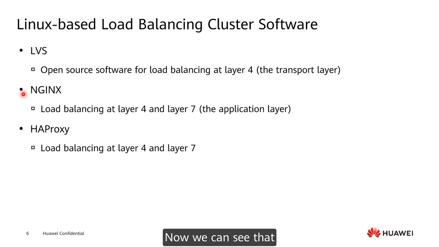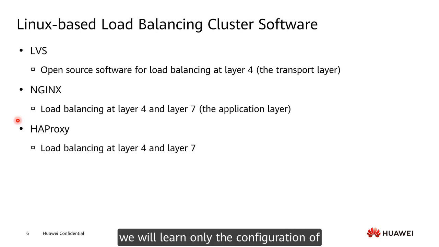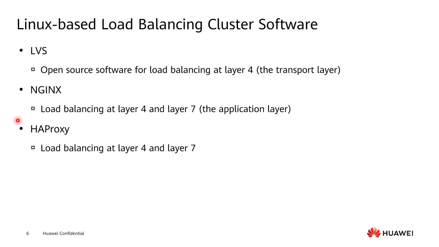Nginx and HAProxy both support Layer 4 and Layer 7 load balancing. However, in actual scenarios, they are usually deployed as Layer 7 load balancing. So in the subsequent study, we will learn only the configuration of this type of load balancing mode.